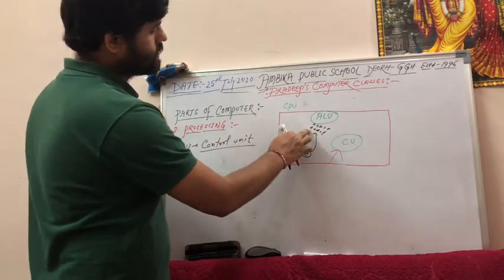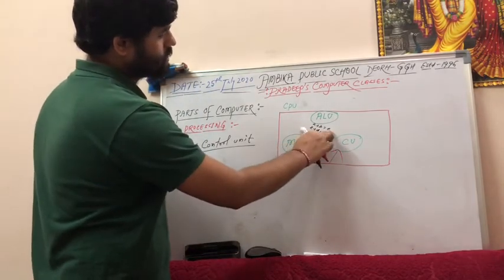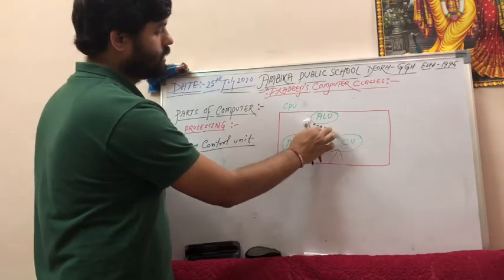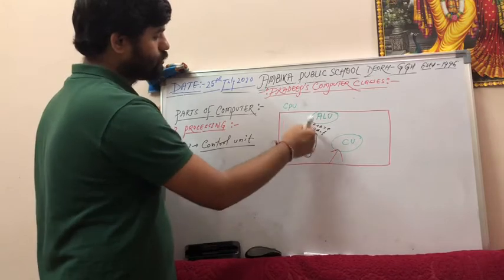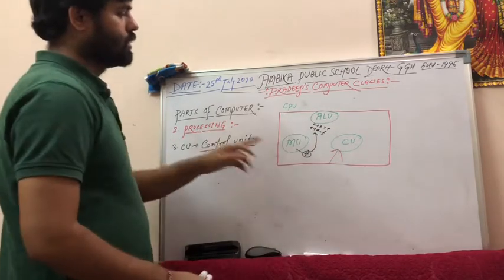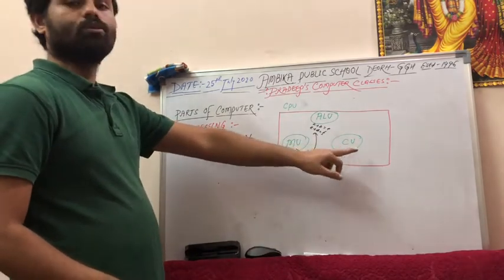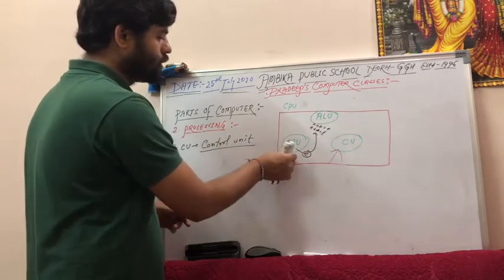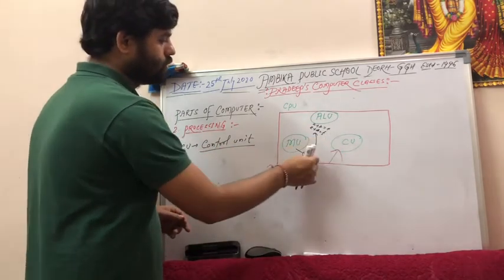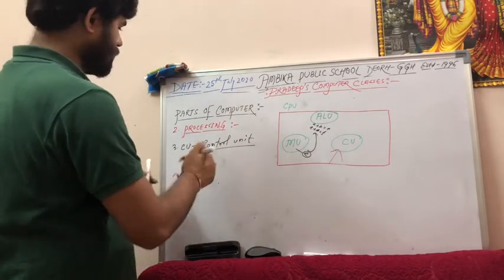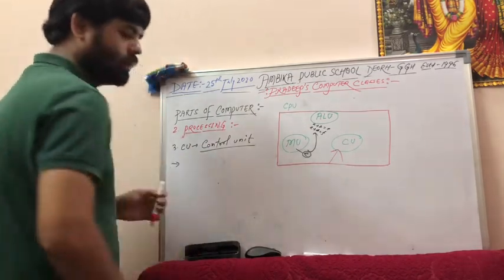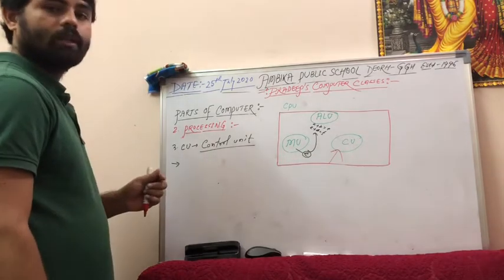Whatever data is here, it came here because it is the intermediate result. The intermediate result has come to the memory unit, and then for the final result we have to use E, so it has to go to the ALU. So who is coordinating? CU. The control unit takes the E value and puts it in the MU, and again the control unit will take the value E from here and put it in the ALU. So its main task is to coordinate and synchronize.